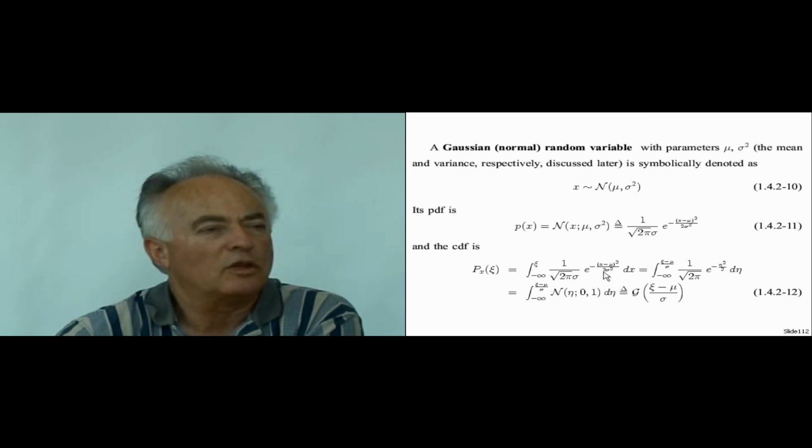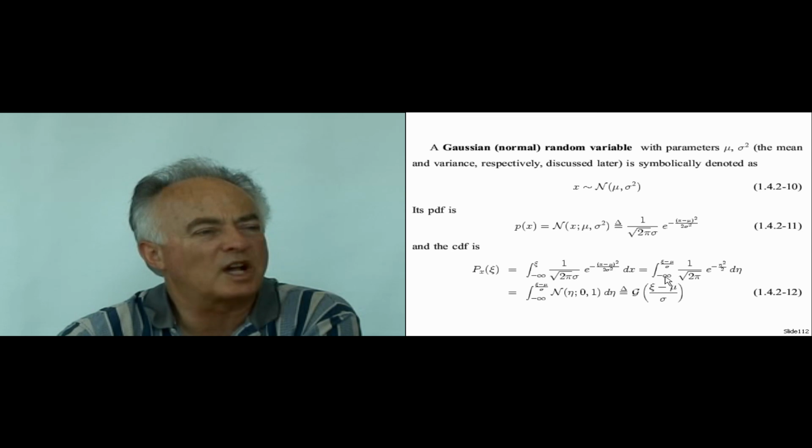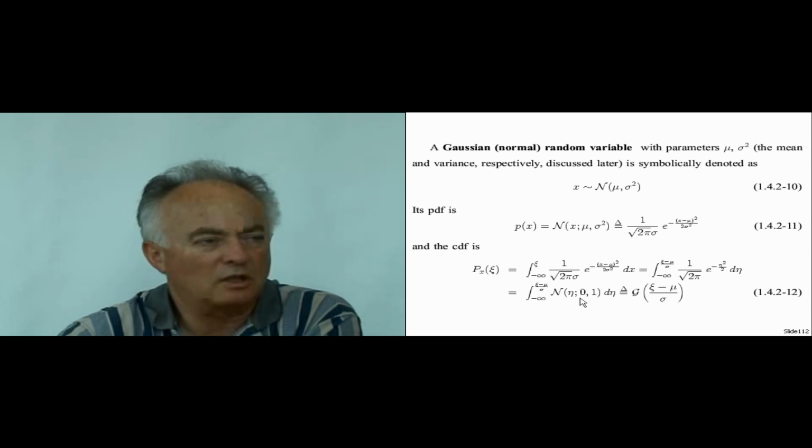Then the limits will be from minus infinity to (psi minus mu) over sigma, and in the exponent we have minus eta square over 2. Outside there is a square root of 2 pi, the sigma cancels, and this density that we have here is a standard Gaussian density. The argument is eta in this case, and by standard we mean that the parameter mu is 0, the mean is 0, and the variance is 1.